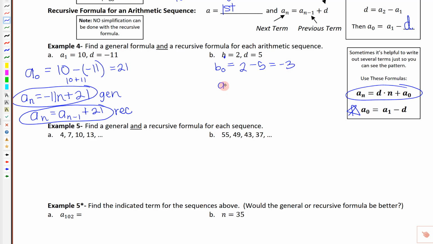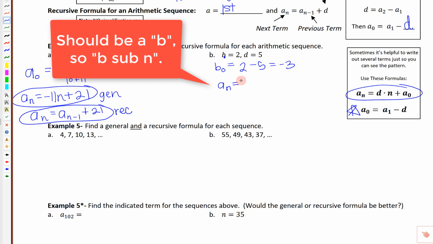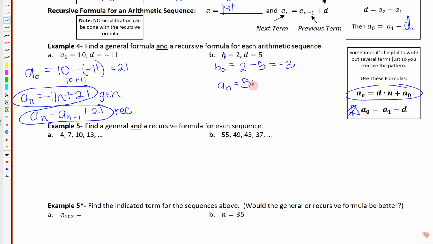So we say b sub n equals our difference, which is 5, 5n, 5 times n, plus negative 3. So I can just write minus 3. Okay, now we're going to write our recursive. So our first term is 2.